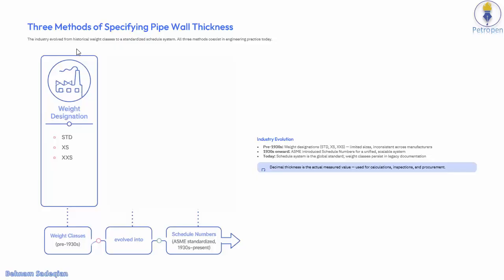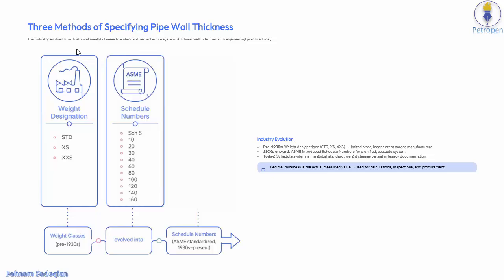As piping systems became more complex, the industry needed a more accurate and standardized method. This led to the introduction of the pipe schedule system, which is now defined by ASME standards. Today, a schedule number such as Schedule 10, Schedule 40, and Schedule 80 is the most common way of specifying wall thickness worldwide.